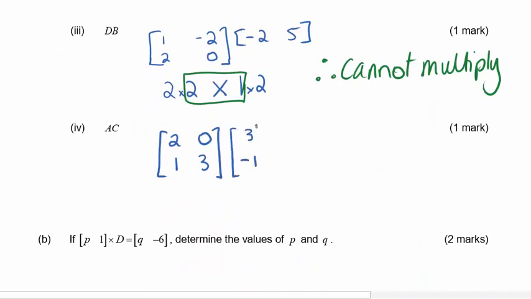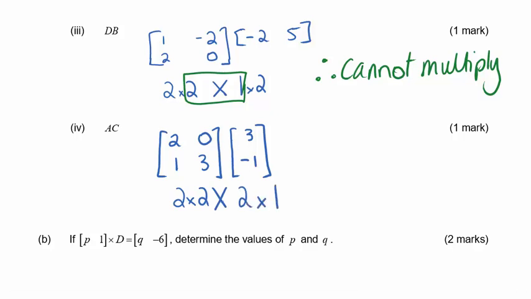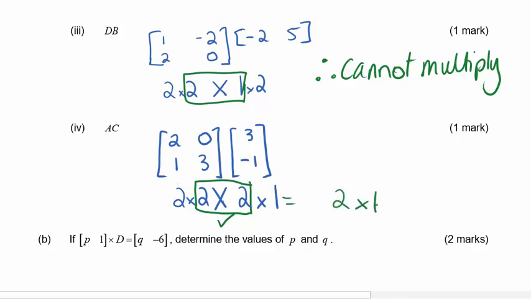And so we've got a 2 by 2 again, times this, which has 2 rows and 1 column, so this is going to be fine because these two numbers in the middle are the same, so we can multiply them. Furthermore, we can work out that our final matrix is going to be a 2 by 1 matrix, with the same orientation as our matrix C here.